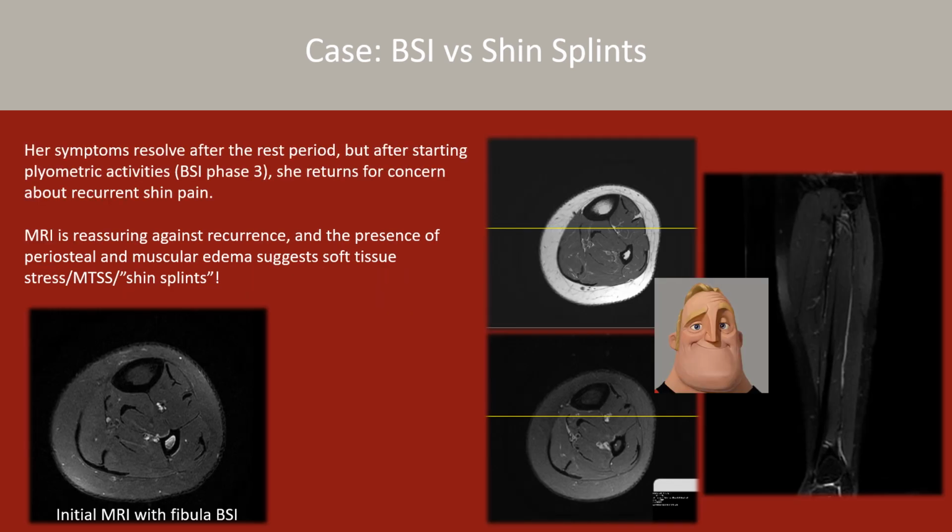This patient's symptoms resolve after the rest period, but then after starting plyos, which is bone stress injury phase 3, she returns with concern about recurrent shin pain. The MRI is reassuring against recurrence, and the presence of periosteal and muscular edema instead suggests soft tissue stress, or MTSS, our colloquial diagnosis of shin splints.